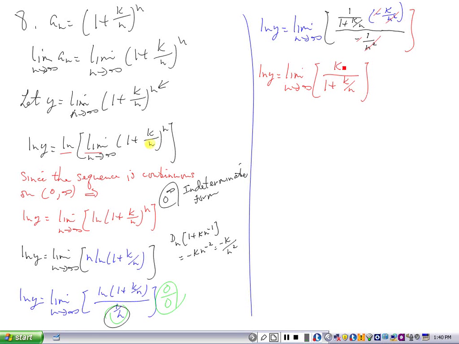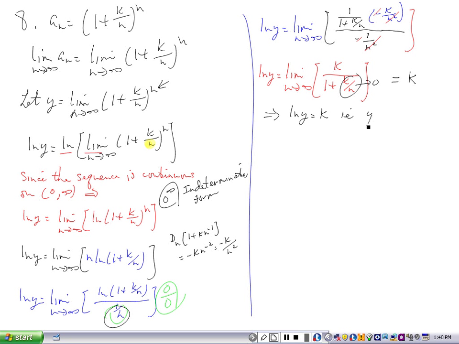We'll notice that k over n goes to 0 as n goes to infinity. K is a constant; as n goes to infinity, k over n goes to 0. Just that part, not the whole thing. So I have the limit of k over 1, and the limit of a constant is a constant. This implies that the natural log of y is equal to k.